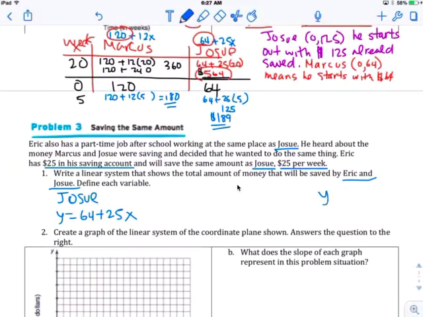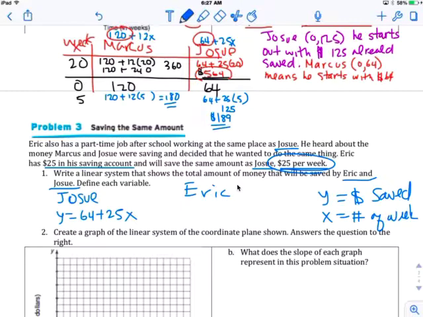And so Y is the money saved. X is the number of weeks. Eric plans to do the same at 25 per week. So Eric starts at $25 plus 25 per week. That's Eric.